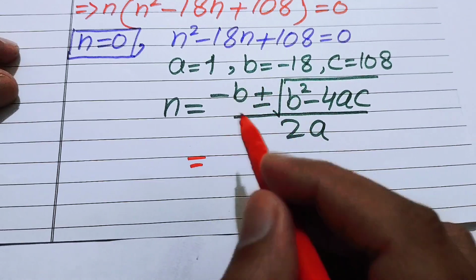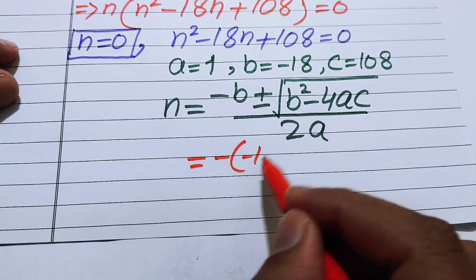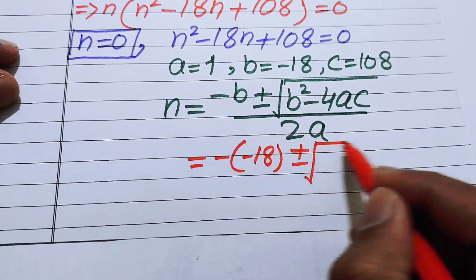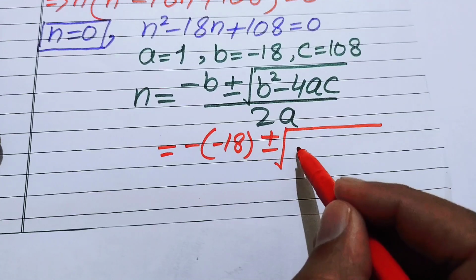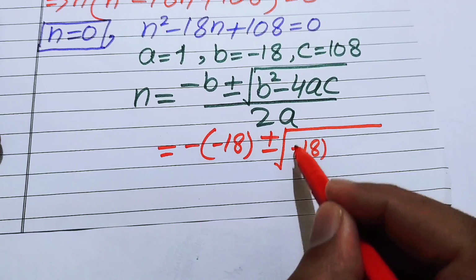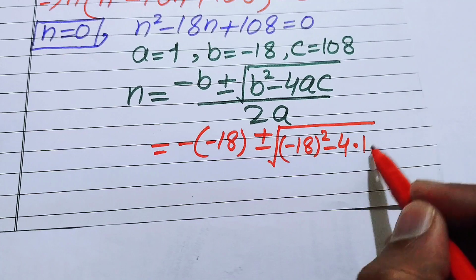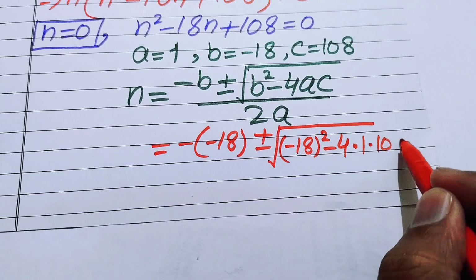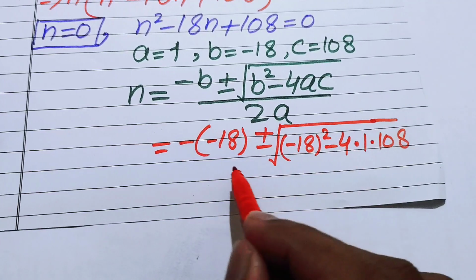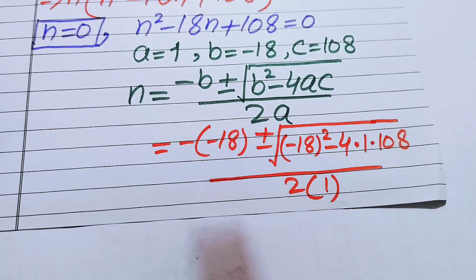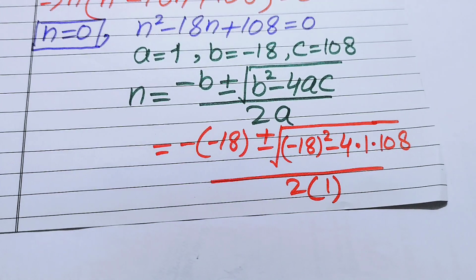So now we put the value of b. Our b will be minus times minus 18, and plus minus square root of b squared, and our b is minus 18 squared, minus 4 times a is 1 and c is 108, and this whole over 2 times a, and our a equals 1.